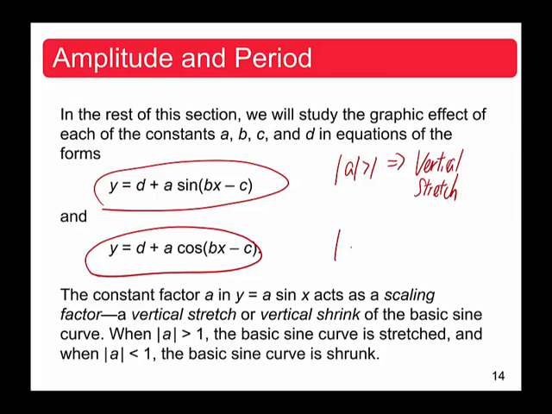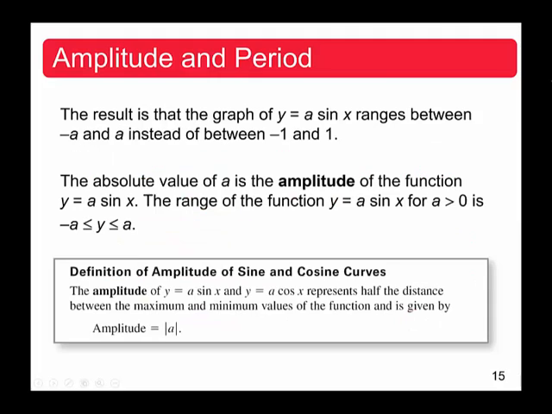Just like what we talked about earlier, if the absolute value of a is less than 1, then we get a vertical shrink. Understand it from the transformation point of view. And amplitude is the maximum or minimum the function could reach.